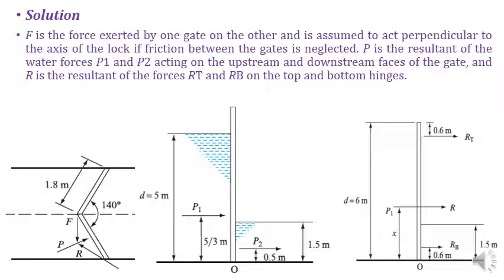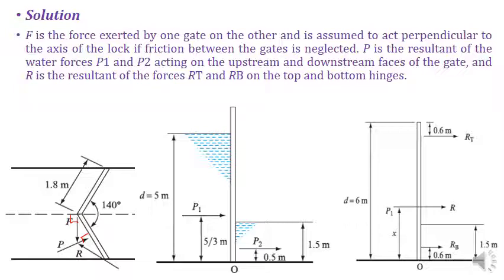How is this P going to act, you are familiar with that. If any submerged body is there, then the hydrostatic forces always act normal to that particular surface. We are familiar with this hydrostatic law. So the hydrostatic forces will be at 90 degrees in all cases, and the force of one gate applied on the other gate will be normal to the axis of the contact point of the two gates.